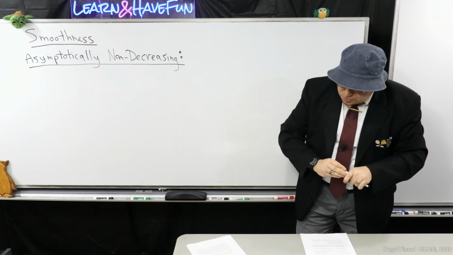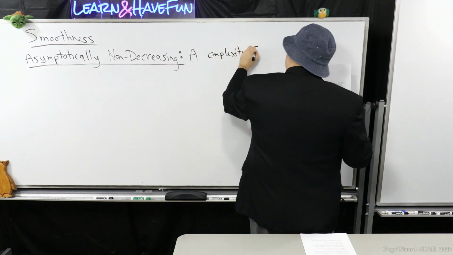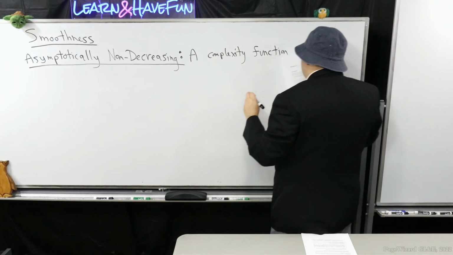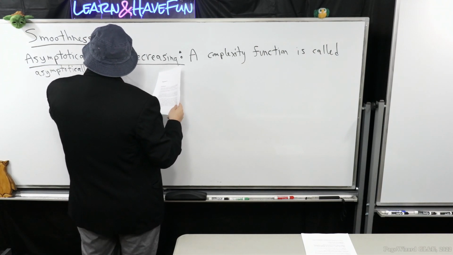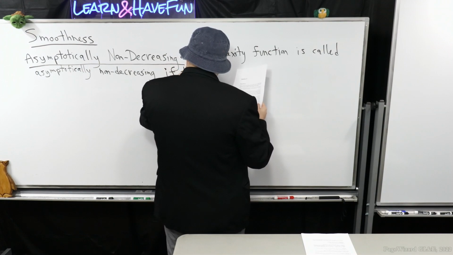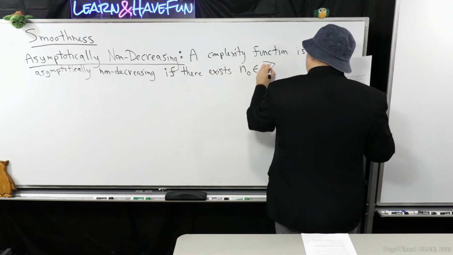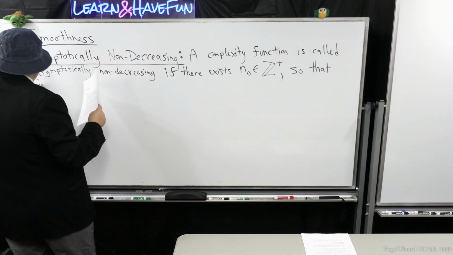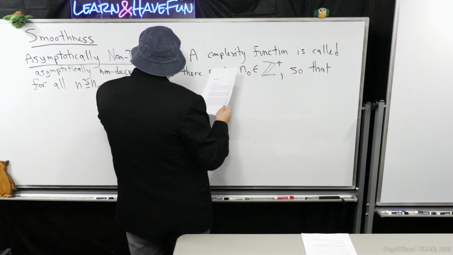So what is this? If I give you a complexity function, it is called asymptotically non-decreasing if there exists n0 so that for all n greater than or equal to n0, f of n is less than or equal to f of n plus 1.